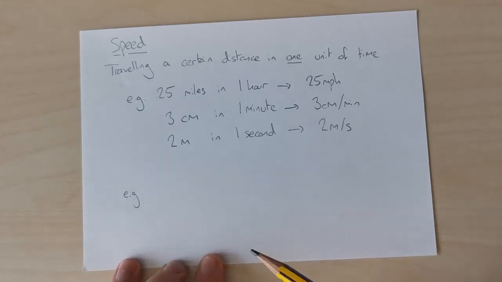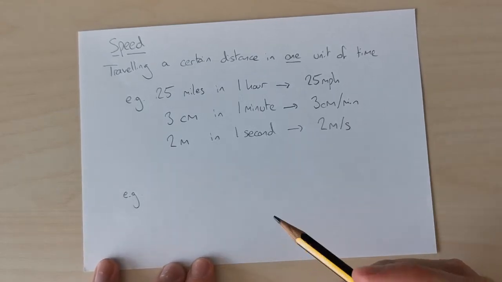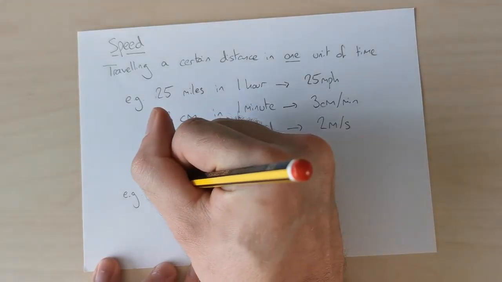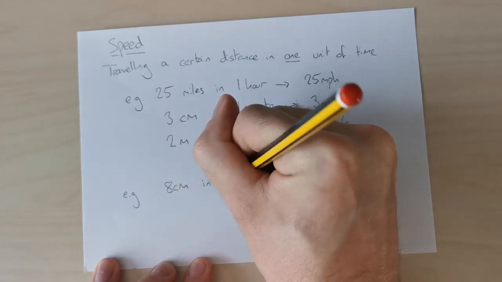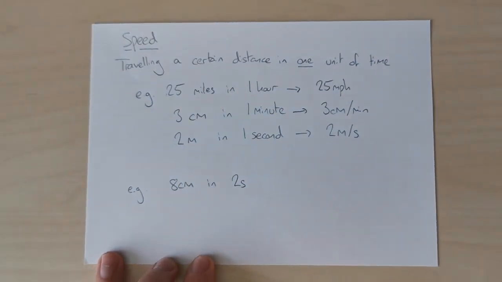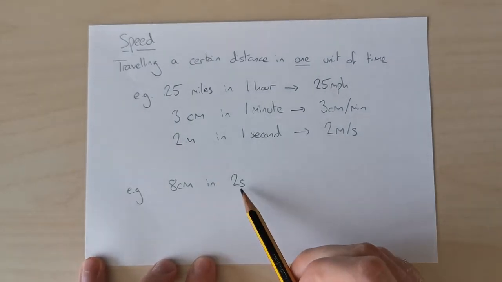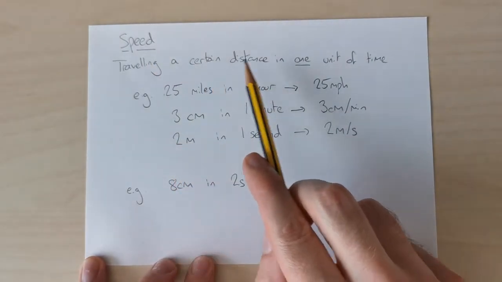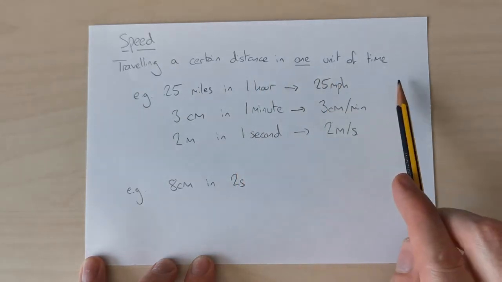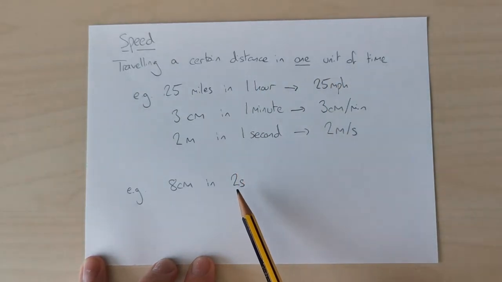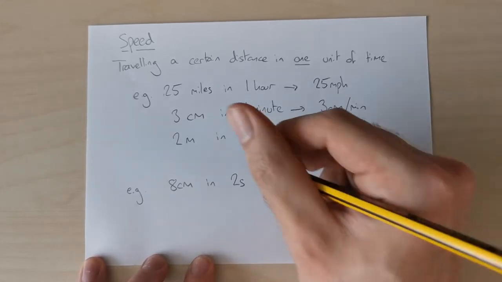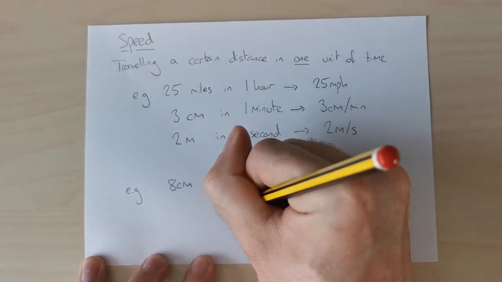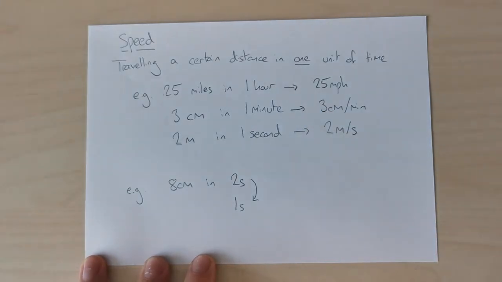So let's have a look at an example question as to how we could work out some stuff involving speed then. So let's say we have something that travels 8 centimetres in 2 seconds. Well, remember, speed is about travelling a certain distance in 1 unit of time. We don't have 1 unit of time here, we have 2 units of time. We've got 2 seconds rather than 1 second. So what we need to do in this case is turn these 2 seconds into 1 second.